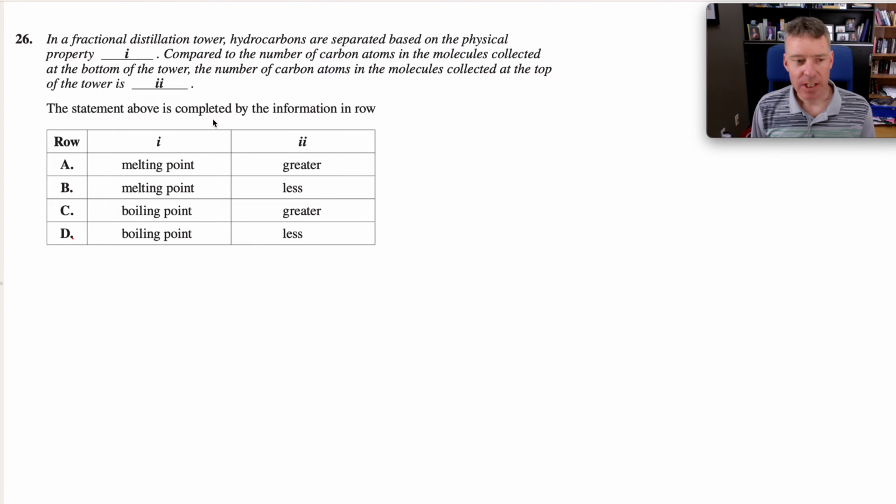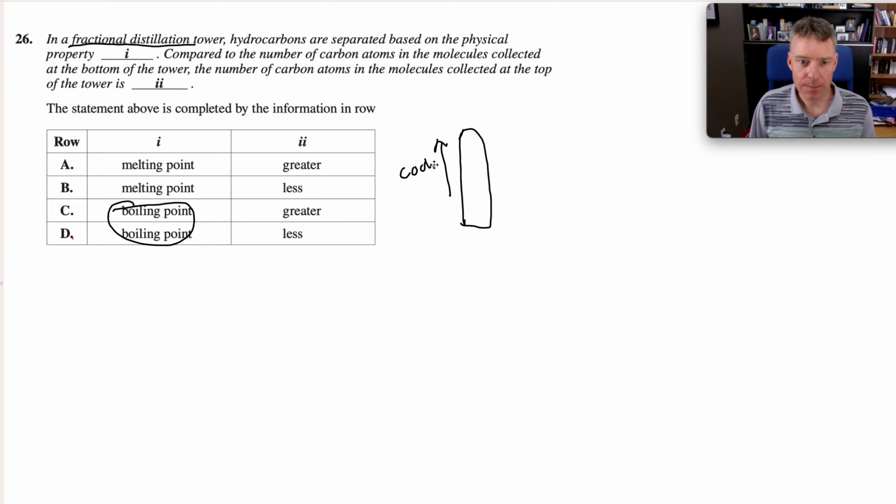Okay. You're always going to get a fractional distillation question on Diploma, so hopefully these are well studied and something you will have a high degree of success. Fractional distillation is going to use boiling point physical properties. And in the tower, which I'm not going to fully draw and explain, as you go up the tower, it's going to get cooler.